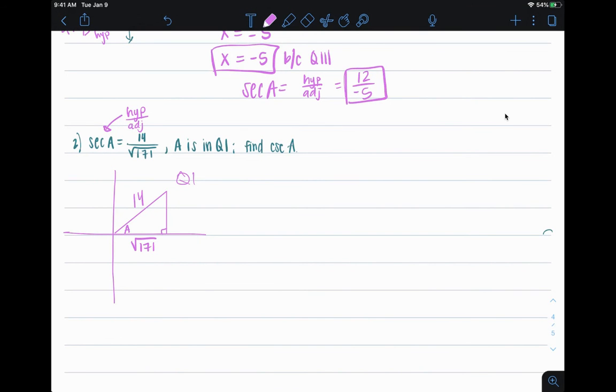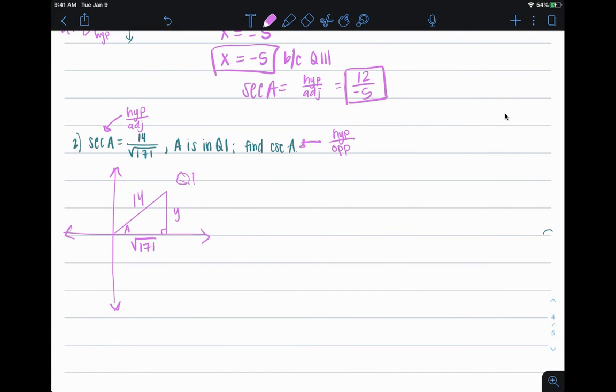We are looking for cosecant of A, which is hypotenuse over opposite. So we need to find this opposite side over here. I'm going to label it y because that's our y value on our coordinate plane. You can use x, that's totally fine too. You're just trying to give it a variable that you need to solve for.